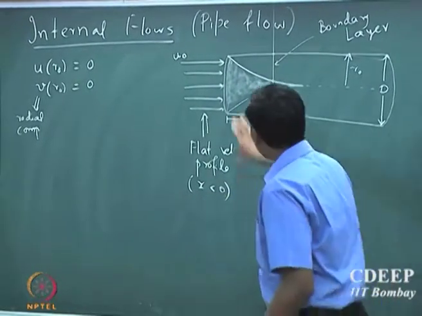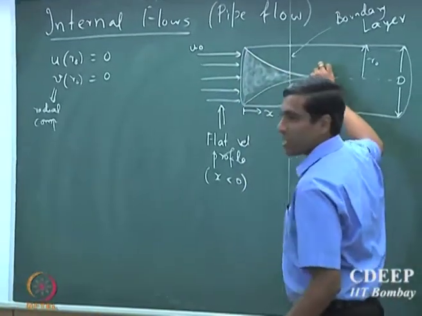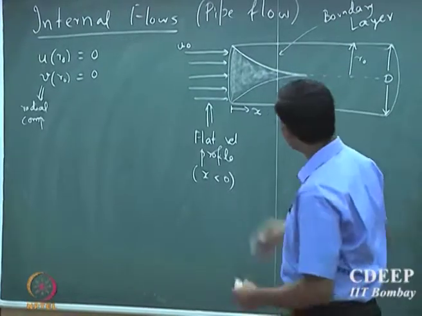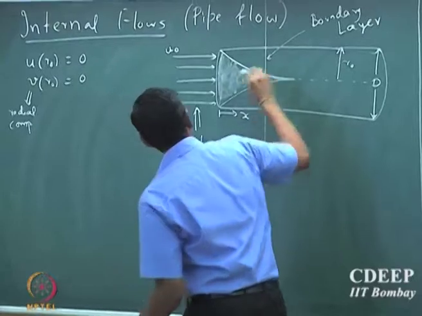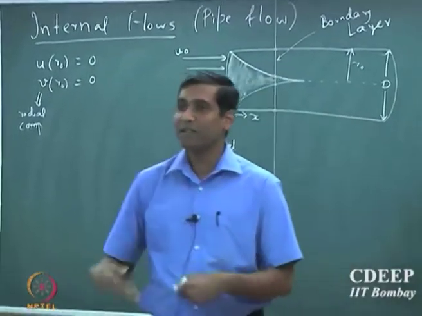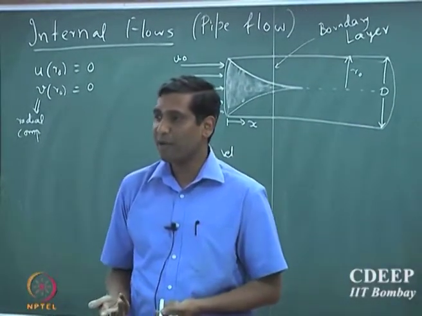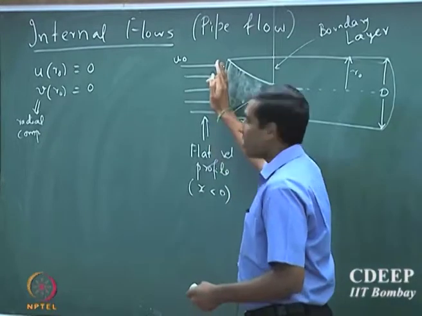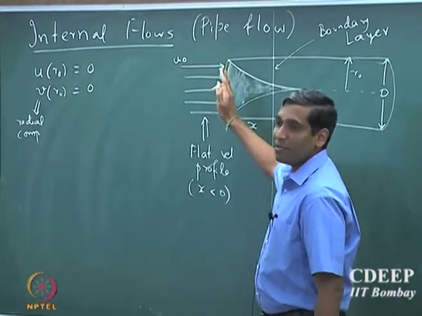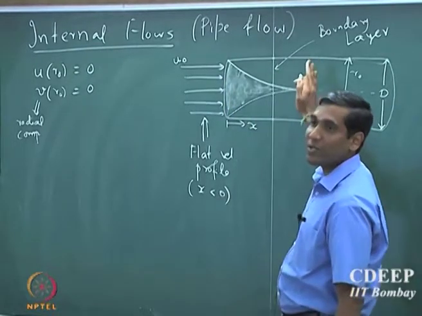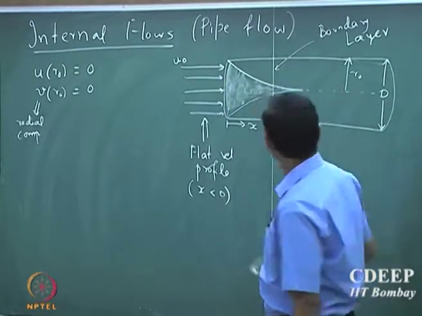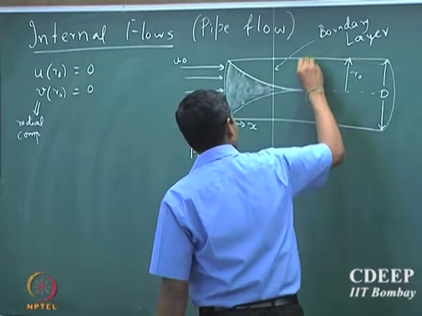They will slowly merge and converge together at a certain location. Now in this region here, the fluid will continue to flow as an inviscid fluid, because the viscous effects due to the presence of the wall will be experienced slowly and gradually as the fluid goes inside the tube.